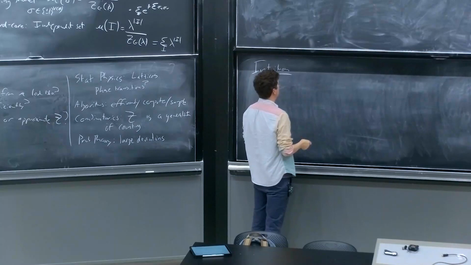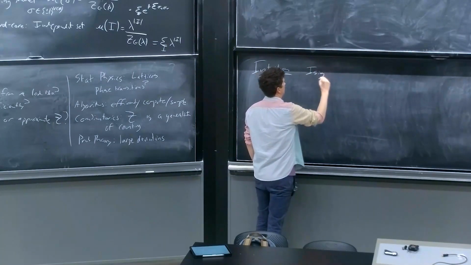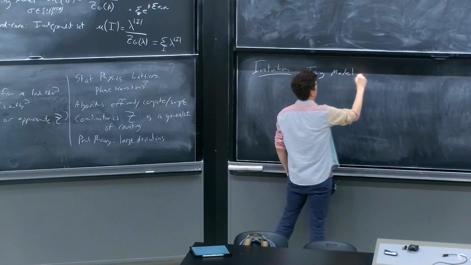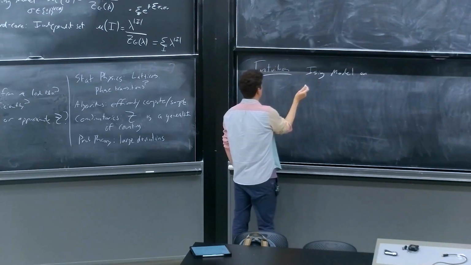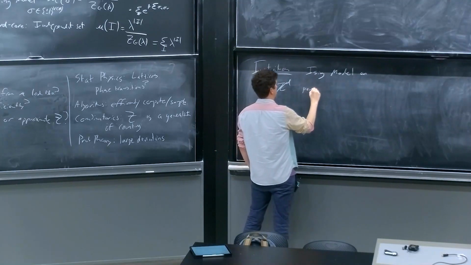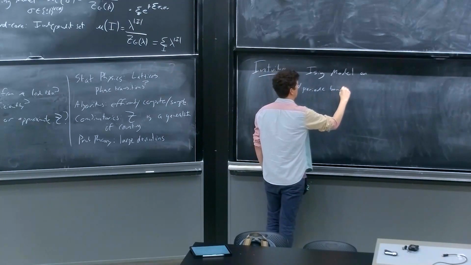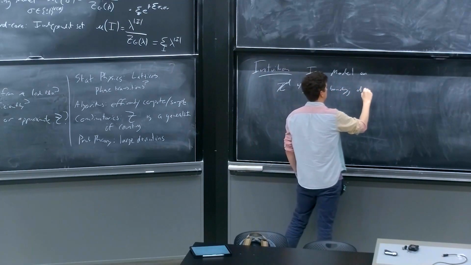Here the intuition will be from statistical physics. So I want to think about the Ising model on, let's say, Z^d, but with periodic boundary conditions. So the discrete torus.